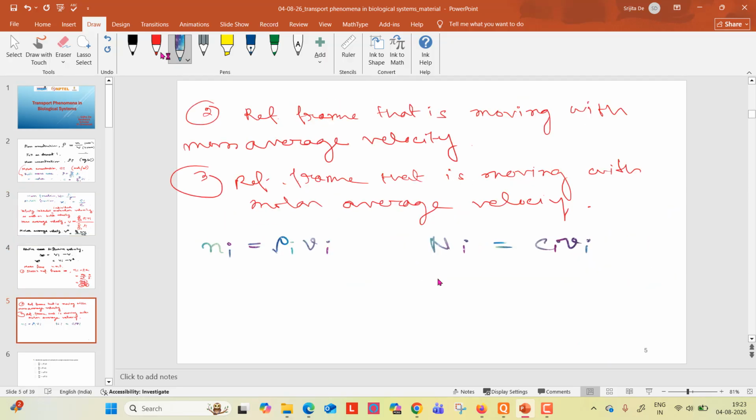When it comes to the reference frame moving with mass average velocity, it will change to Ji equals rho i into Vi minus V, right?